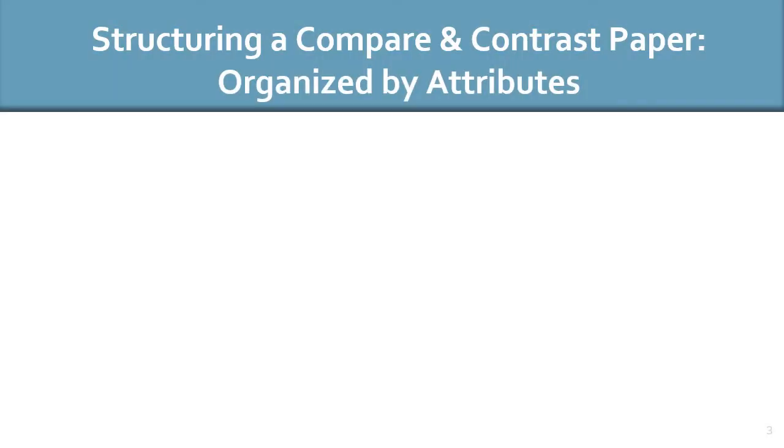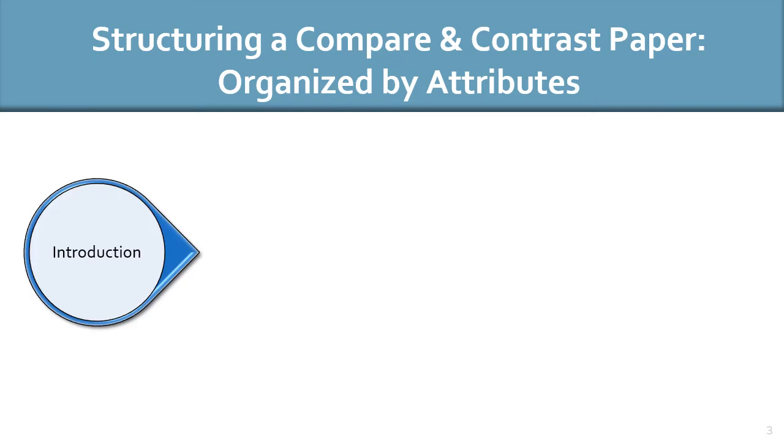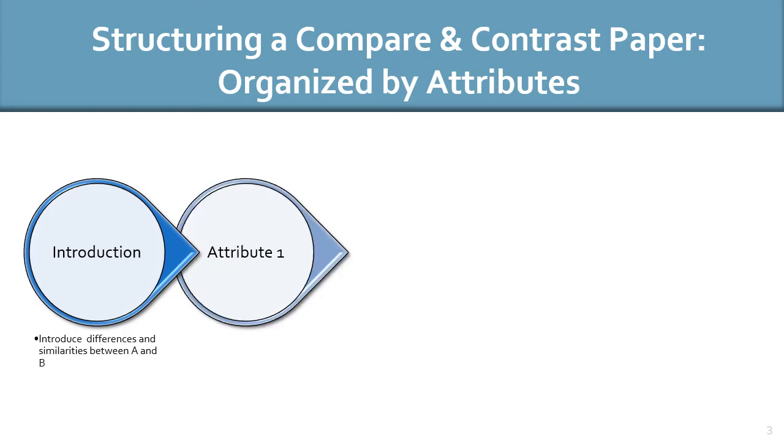Another way that you could organize compare and contrast papers is based on attributes. So for example, in your introduction, you'll provide an overview of the similarities and differences, and then you'll discuss each attribute.